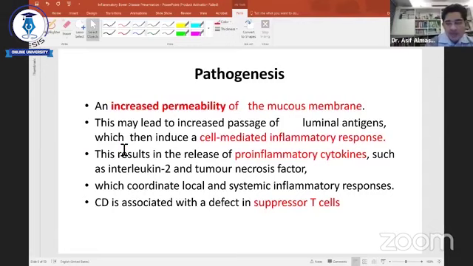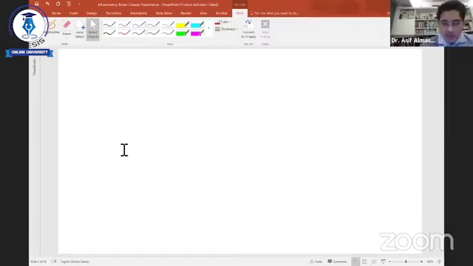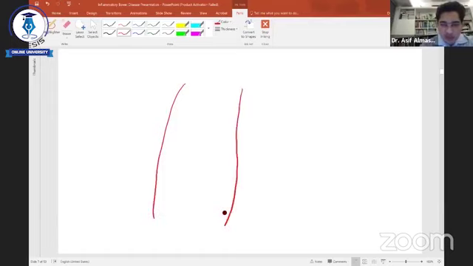Now, pathogenesis is slightly complicated. We will not go deep into the pathogenesis, but I will just discuss slightly about it. If you see, for example, if this is the intestinal wall, and let's say there is a blood vessel going from here.